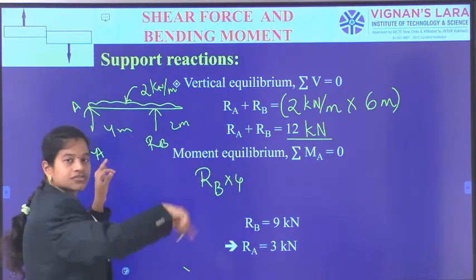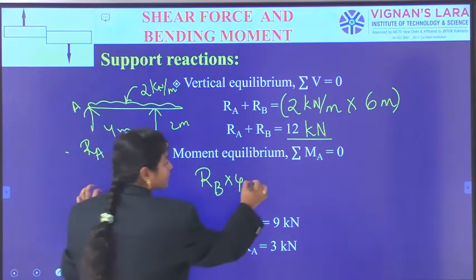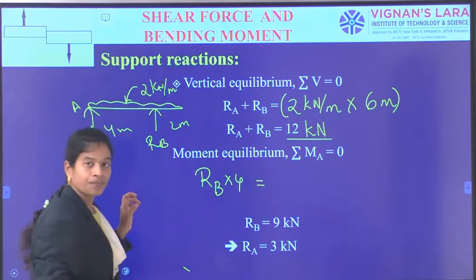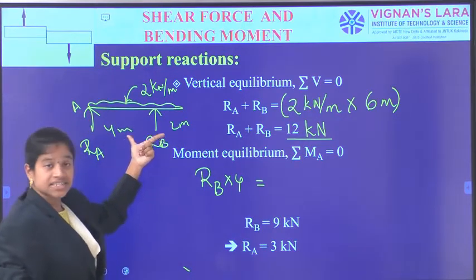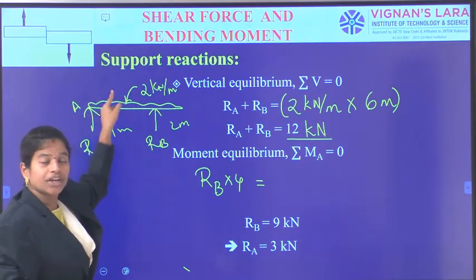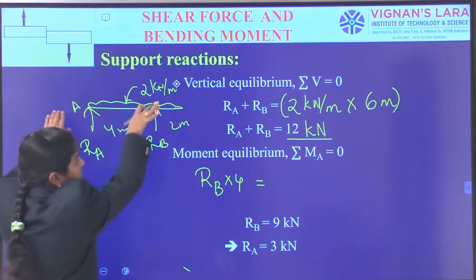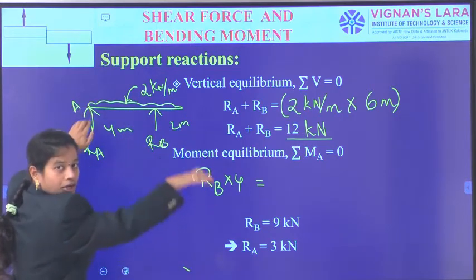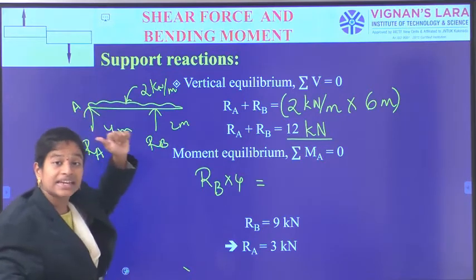Is any anti-clockwise force there? No. The anti-clockwise moment is from RB only, and it is equal to the load on the beam, that is 2 into 6. This total 12 kN load is acting in the clockwise direction. See here, it makes the body go like this, so it generates a clockwise moment.